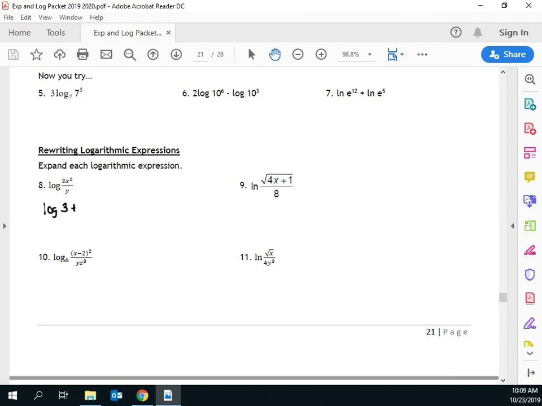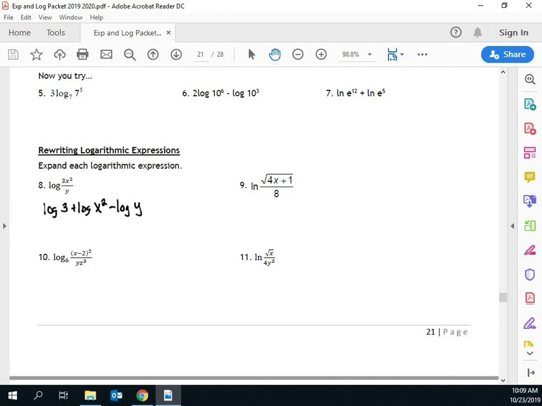Which means plus log of x squared, and then I said divide by y, which means minus log of y. Do you follow what happened there? It was 3 times x squared, so it's log 3 plus log x squared. Do you see that? We split it out.